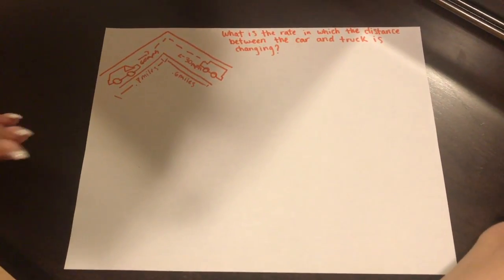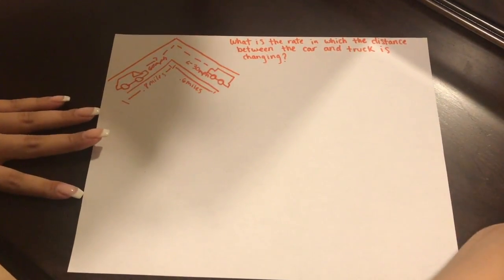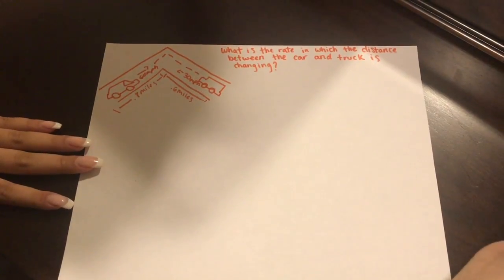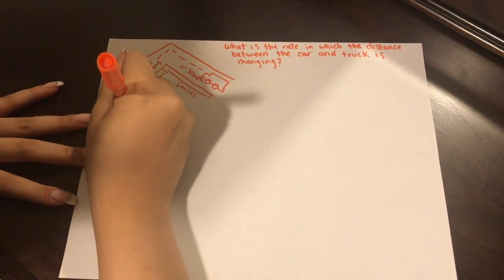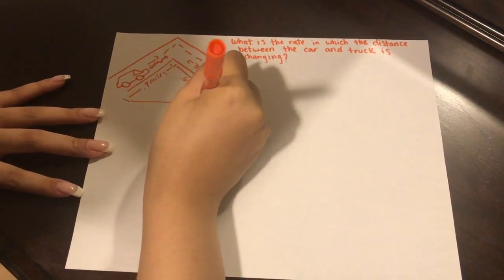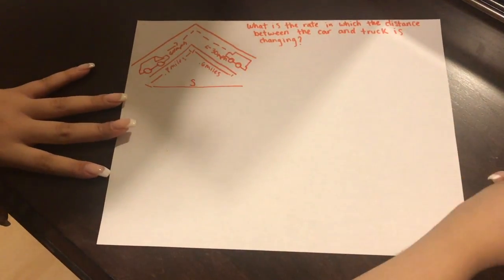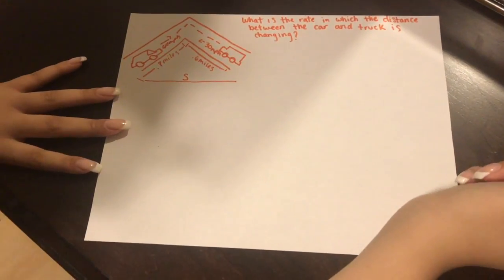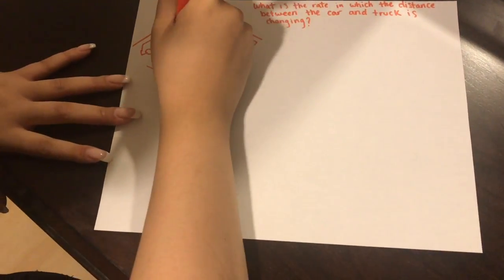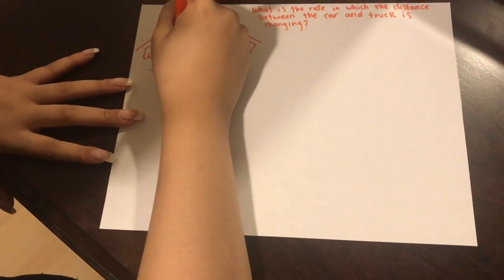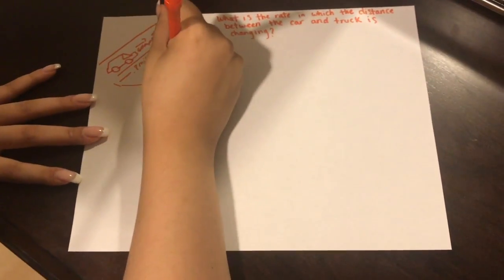So to start off, let's mark up this picture. So we're going to say that the distance between the car and the truck is s. Now we're going to say the 0.8 miles will be our y, and the 0.6 miles will be our x.